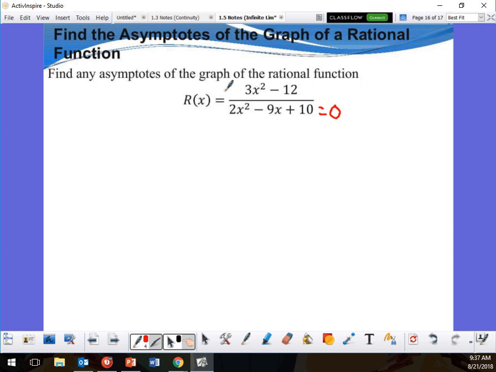And so on top, it would be 3 quantity x squared minus 4. I keep trying to avoid doing that. So if you factor the top, you get an x squared minus 4. That should help you also.